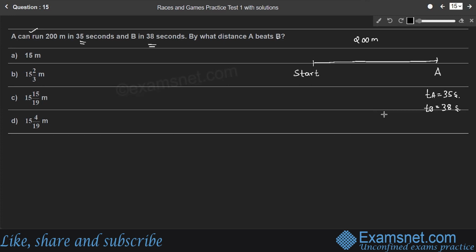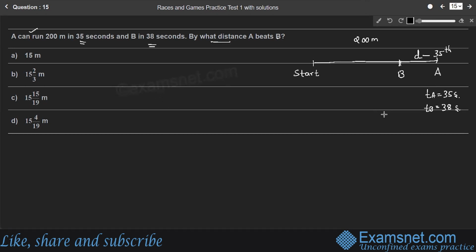But at the 35th second, when A reaches the destination, B's position will be somewhere here, because B takes more time to reach the destination. So by what distance does A beat B?